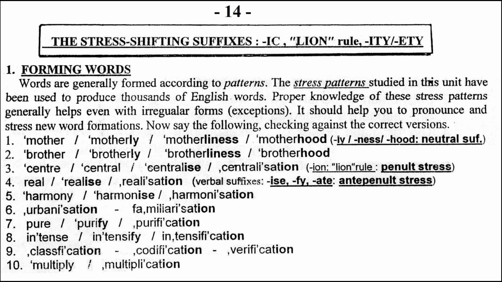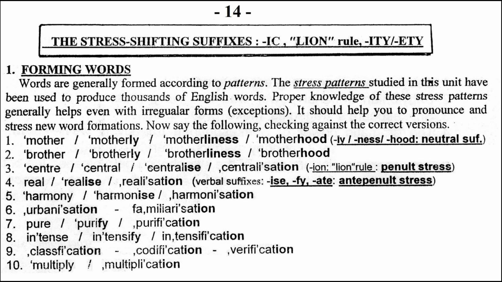Good. Number 6, the word urbanization. Here, primary stress, line rule, on the penult. And the secondary, how many syllables do we have here before the primary? Urbani. So we have 3 syllables. It means we need to derive the secondary stress from the root. What is the root?